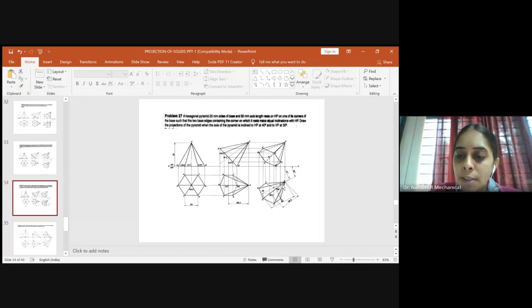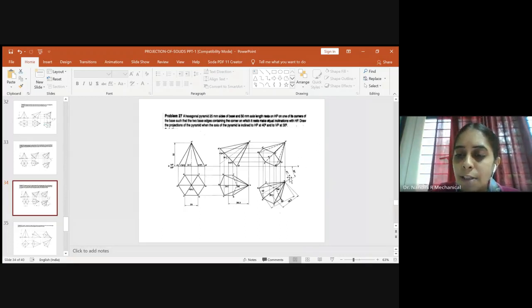It is a visible line, so please make it a visible thick line. Once you are done with the apparent length, extend this line to the XY plane. When you extend this line to the XY plane, we will come to know the beta angle. The beta angle will always be more than the inclination angle to VP which has been given. Please measure and write within the box what beta is equal to.